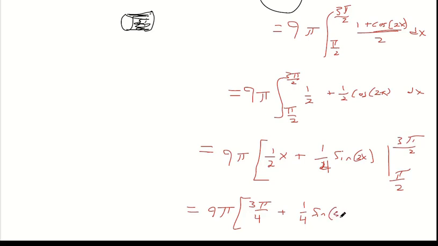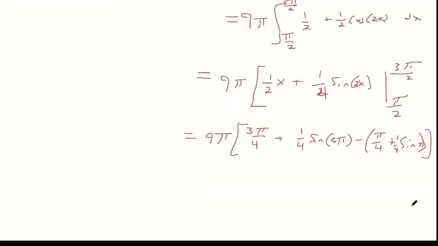And then we subtract what happens when we plug in the lower limit of integration. That's pi over 4 plus, if I plug pi over 2 in here, I get sine of pi. This is a 1/4. I don't think it's going to matter though, because yes, no, it will. It will, because sine of pi is 1.